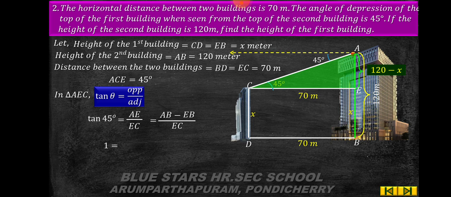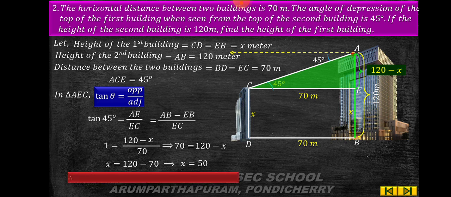Therefore tan 45 degree is 1, which is equal to the value of AB, 120, minus the value of EB, x, divided by EC, 70. Which implies 70 is equal to 120 minus x. So x is equal to 120 minus 70. The value of x is equal to 50. That is, the height of the first building is equal to 50 meter.